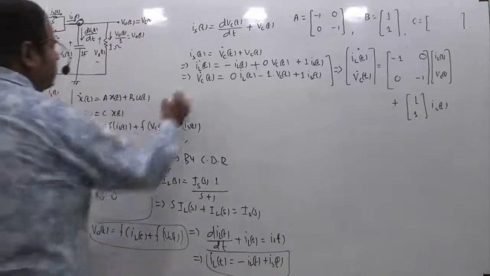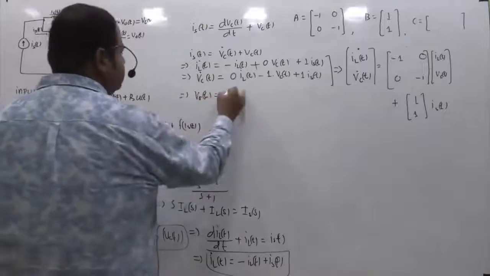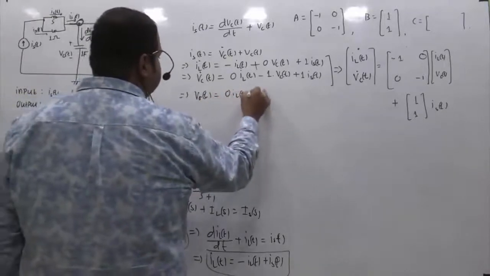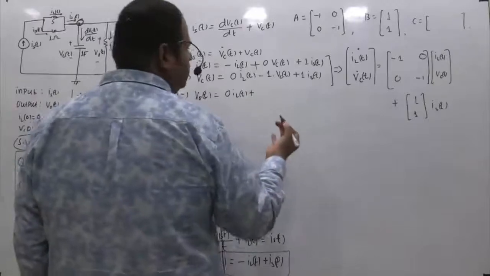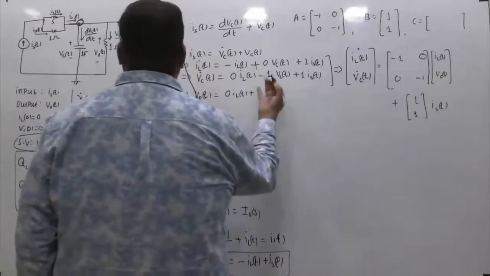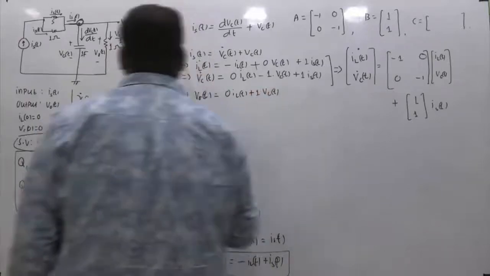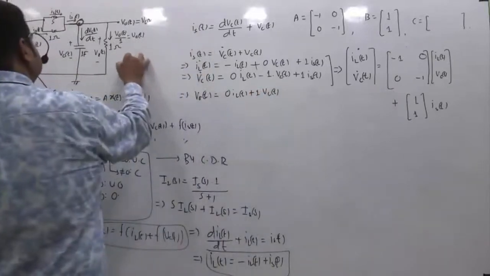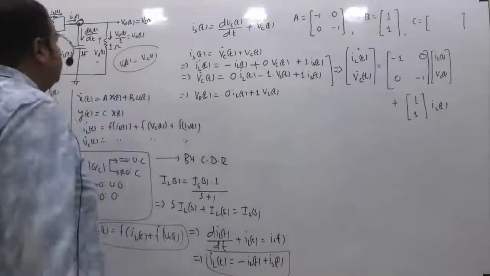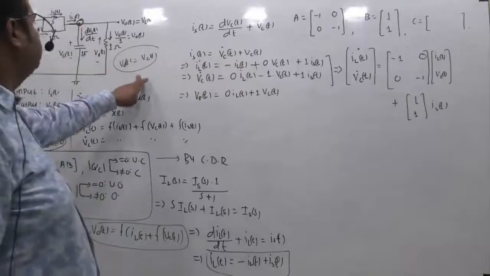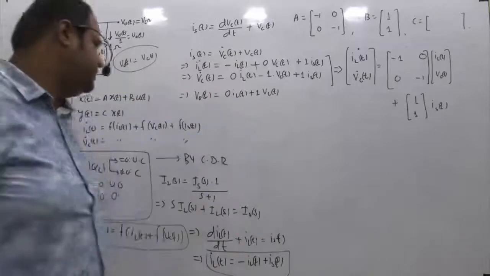So I can write V naught of t is equal to 0 into IL(t) plus 1 into VC(t), because V naught of t is equal to VC(t). This is what we are observing from the circuit, because both of them are in parallel. So V naught of t is equal to VC(t).